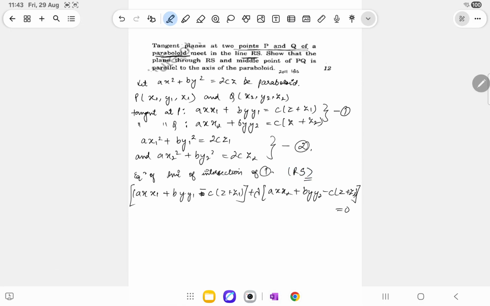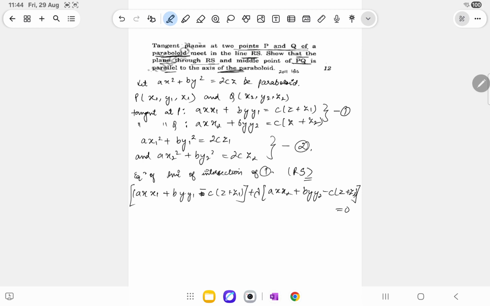The question further says to show that the plane through RS and the middle point of PQ is parallel to the axis of the paraboloid.